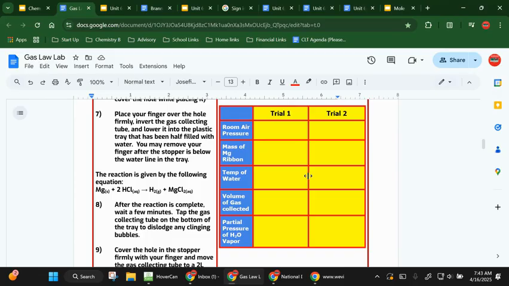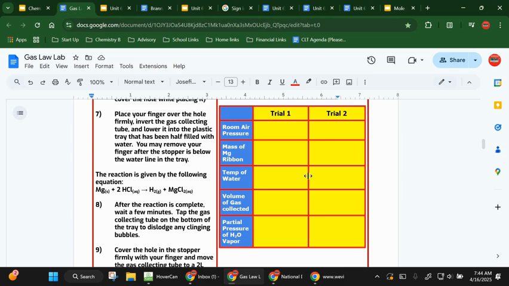Finally, you need to put temperature in, which is right here in your table, but please remember it must be in Kelvin. Now, if you chose to write these numbers down in Kelvin, I don't care. That is absolutely fine. But if you didn't, when you put them into this formula, they need to be in Kelvin.